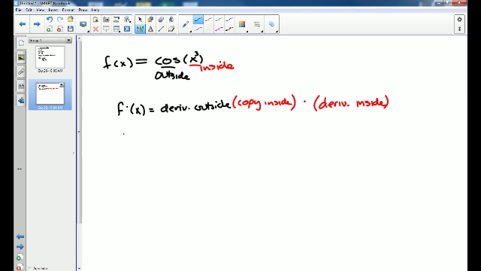So what is the derivative of the outside? Yep, negative sine, and then copy the inside. And then times the derivative of the inside.